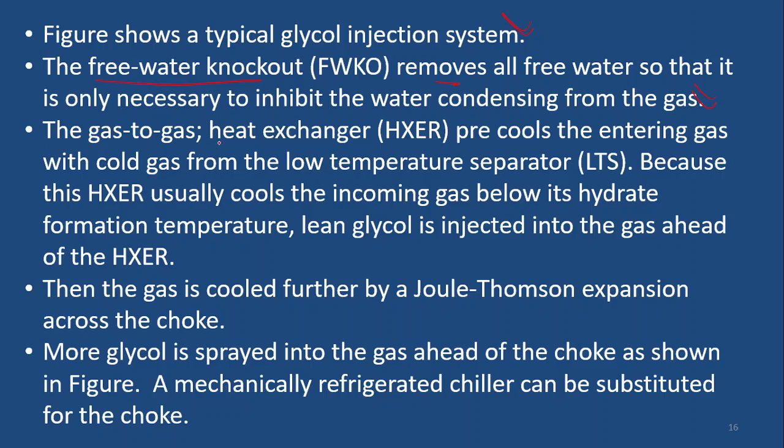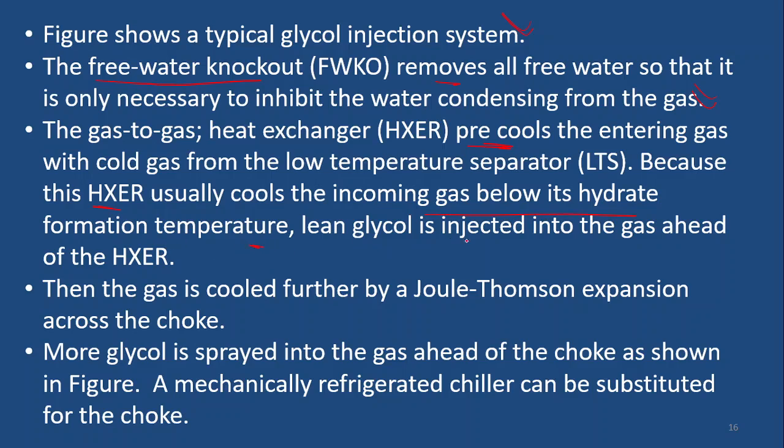The gas-to-gas heat exchangers pre-cool the entering gas with cold gas from the low temperature separator. Ultimately, we need to lower the temperature of the natural gas coming from the storage or any other place, because this heat exchanger usually cools the incoming gas below its hydrate formation temperature.